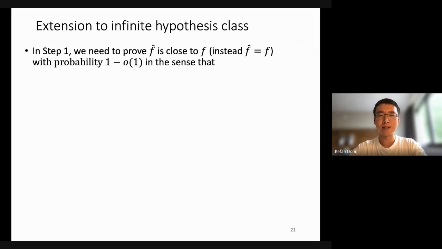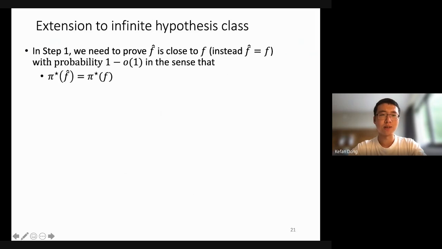So in step 1, when we do initialization, we cannot expect to find the exact true instance because we have an infinite hypothesis class. So in step 1, we just need to prove that our initial guess f hat is close to the true instance f with probability 1 minus small o of 1. In particular, we need the following guarantees.